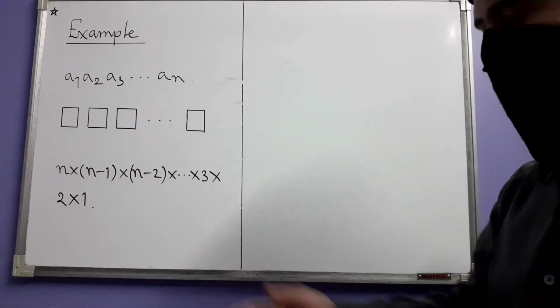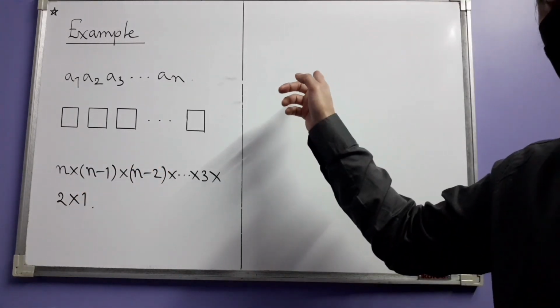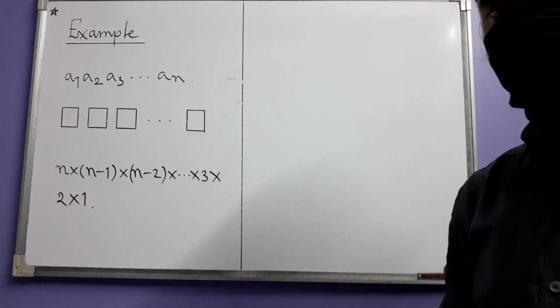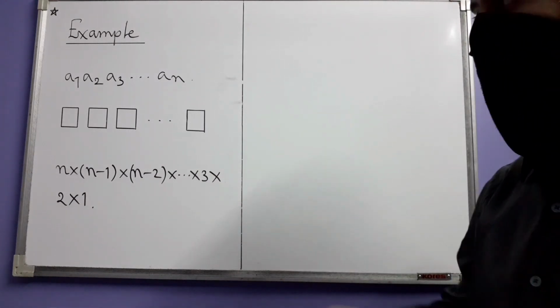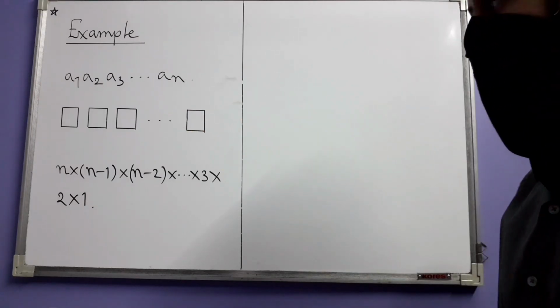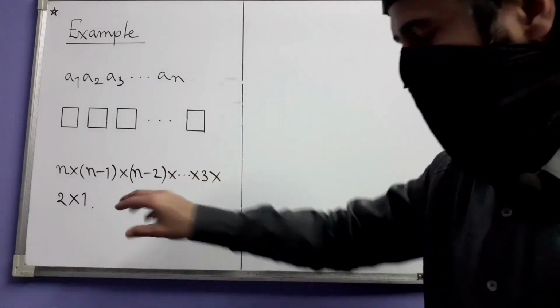So this will be a big number or small number depending on n. As we saw, when n is 3, this number is 6, when n is 4, it's 24, when n is 5, it's 120. It grows very quickly, but it is a bit cumbersome to keep writing this.